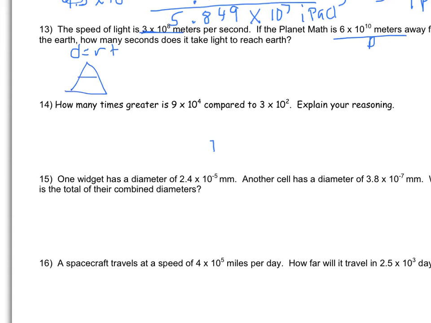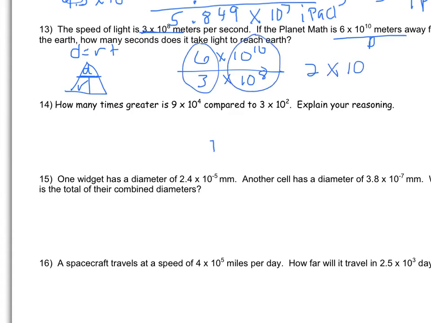I like the triangle because we have the D, and this line means multiplication, and we have the R. So we are dividing the distance by the rate. So 6 divided by 3 is 2 times 10 to the, and we're dividing powers of the same base, we subtract. So 10 to the 2, and that's in seconds.